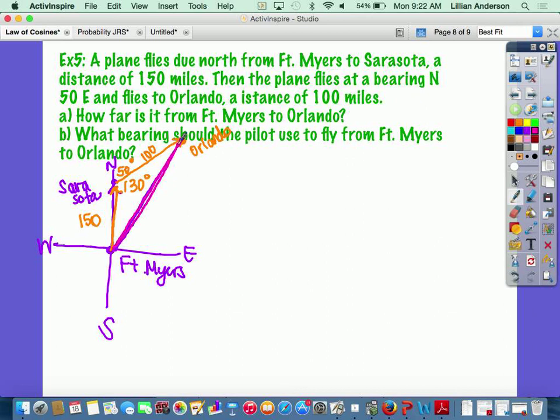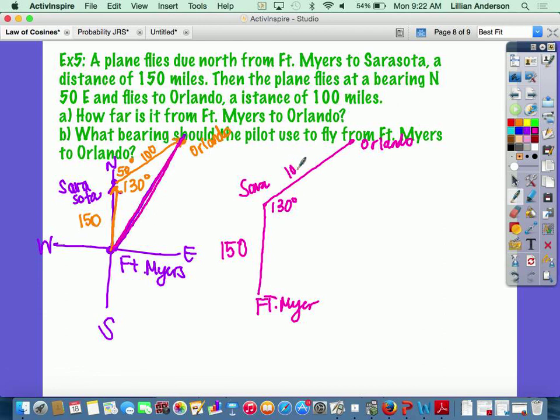If I wanted to pull it out of the picture, I flew 150 miles north from Fort Myers to Sarasota. Then I flew north 50 degrees east, which would have made this 130 degrees inside of my triangle, to Orlando, which was 100 miles away. And so now I'm looking for this. And there's your triangle.